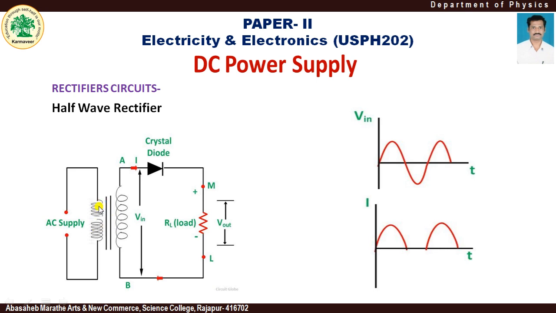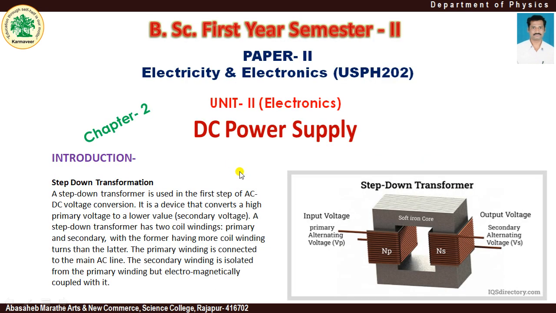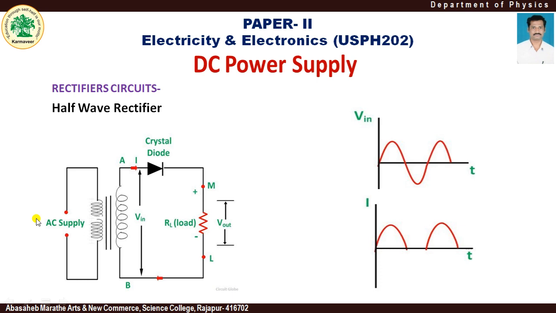Here this coil indicates NP, the number of turns of the primary coil, whereas this is the secondary coil. This is the symbol of a step down transformer.